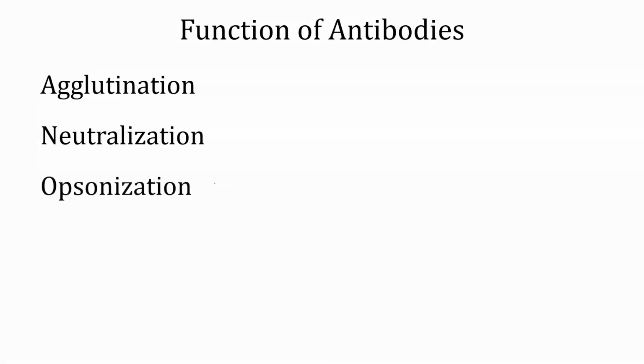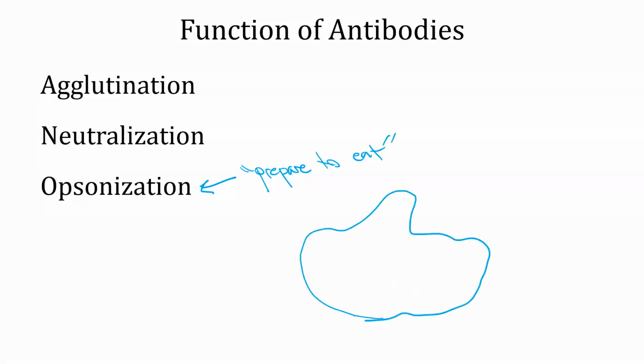Okay, opsonization, this literally means to prepare to eat. And what this means is, generally, when a cell consumes, let's say here's a little bacterium here, when a cell consumes a bacteria, that process is known as phagocytosis.